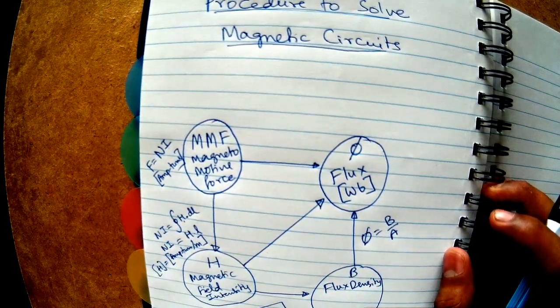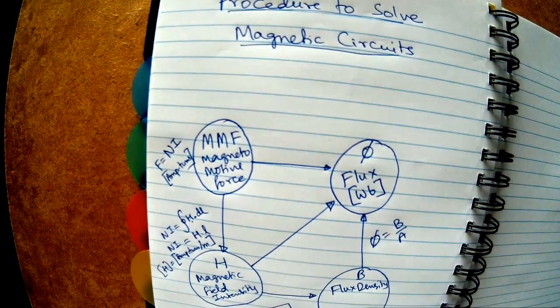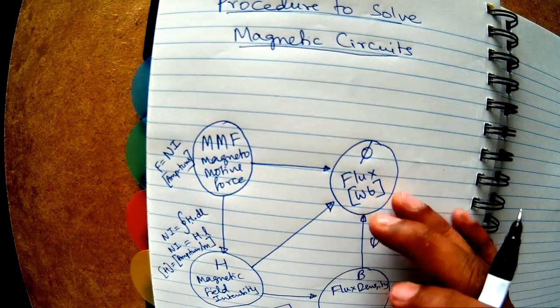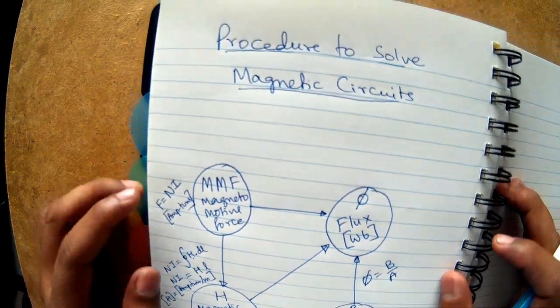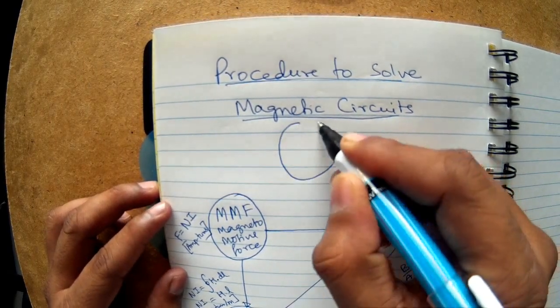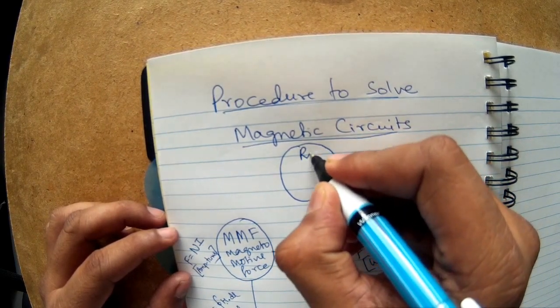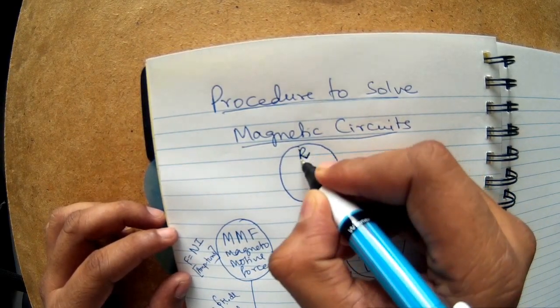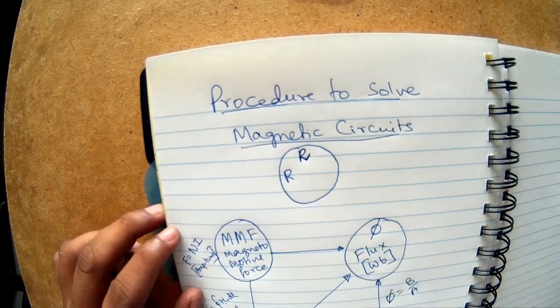There is another path, that is, you can also relate magnetomotive force and flux by another simple expression, which I denote by the symbol R. So R with a small line coming out of R. This is called reluctance.